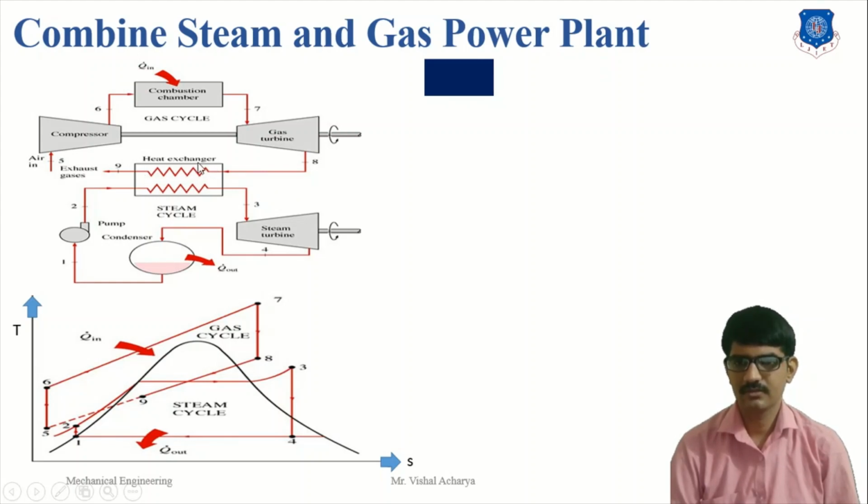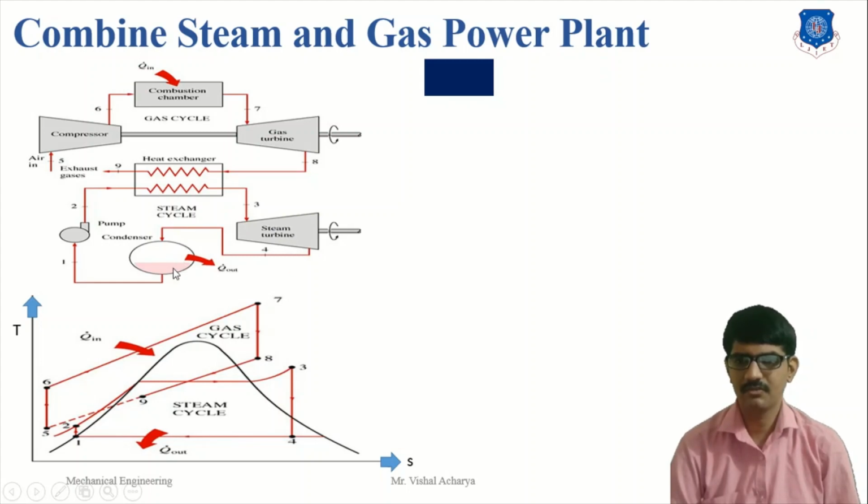So here the heat is transferred in a boiler, that is, the steam generation unit, the HRSG. In the feed pump, water is transferred to the boiler and converted into hot steam, which passes to the steam turbine and then to the condenser.